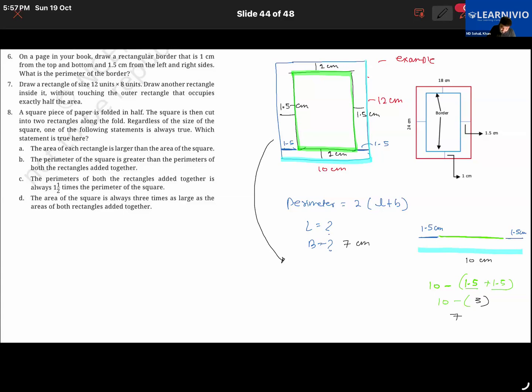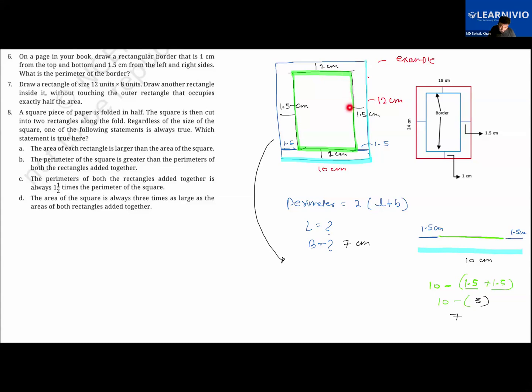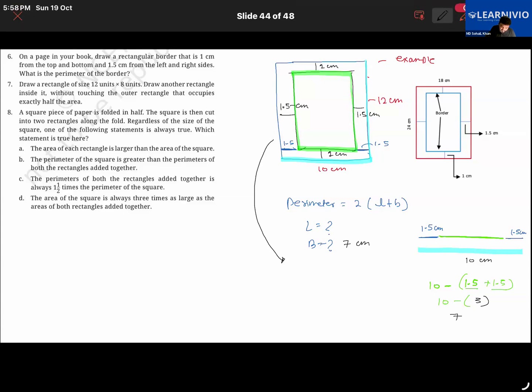In a similar manner, we can find the length also. Suppose you're taking this side over here. Now you tell me, Sai, what will be the entire length of this side? It will be 12 centimeter.